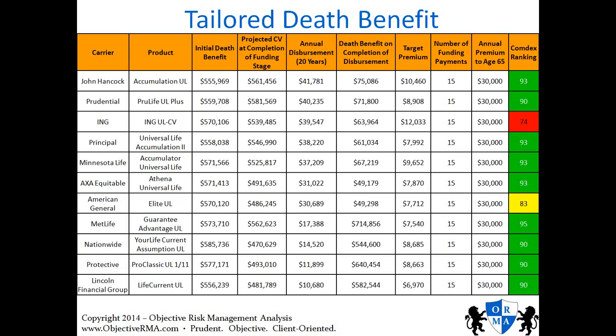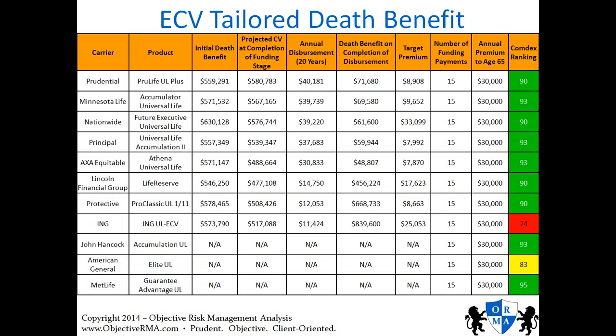Okay. And then lastly, one other set of illustrations I'll run is what's known as an ECV, or an enhanced cash value. And this is a tailored approach, but with this ECV rider, they actually give you access to your cash value at an earlier age.